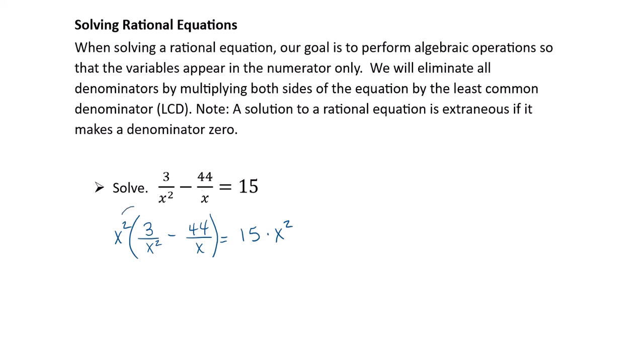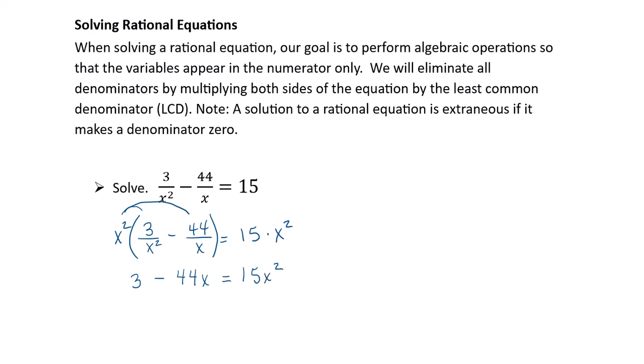Okay, when we distribute, x squared times 3 divided by x squared will give us just 3. Minus x squared times 44 divided by x will give us 44x, equals 15x squared.